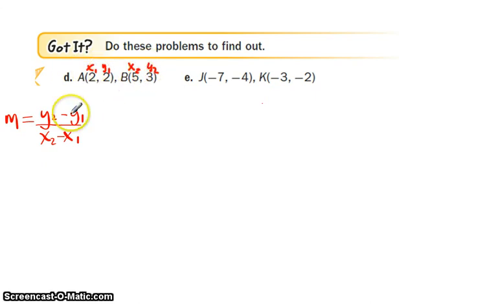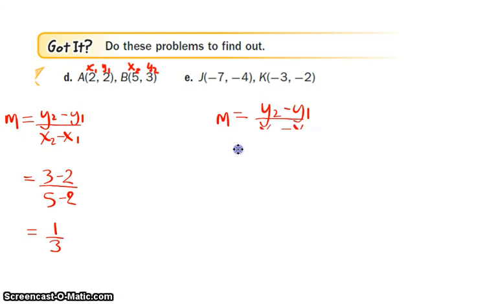If you have them labeled up here, it's very easy to plug them in down here. Okay, so our y2 and y1, 3 minus 2, over our x's, 5 minus 2, which gives us a slope of positive 1/3. It's as easy as that. Again, it's the same thing, change in y over change in x.